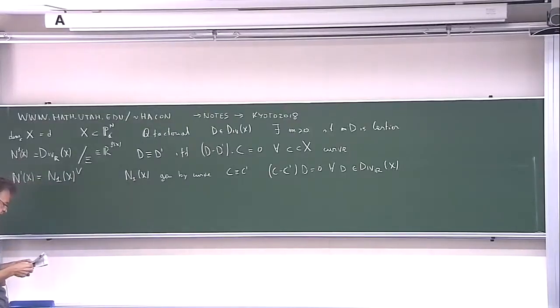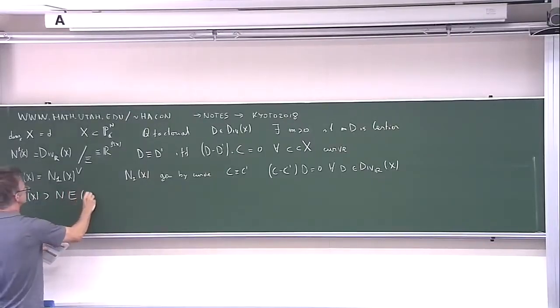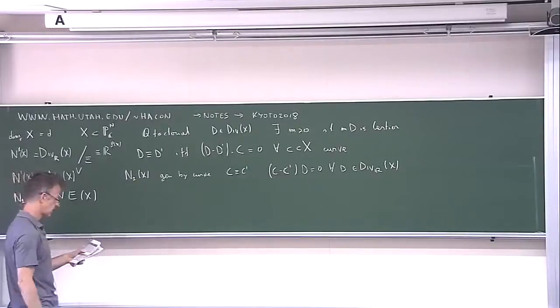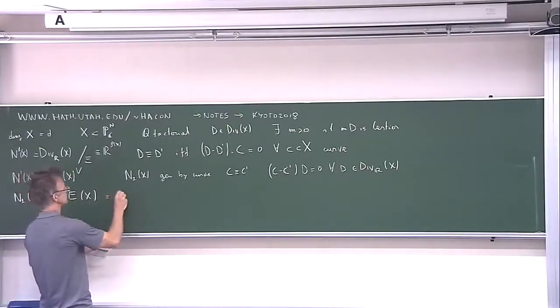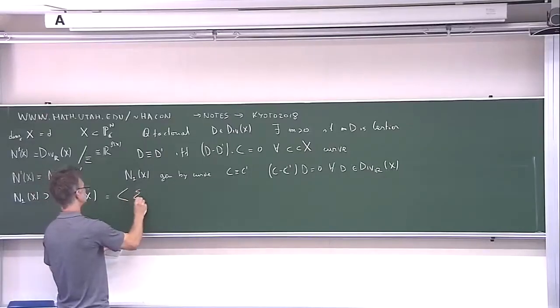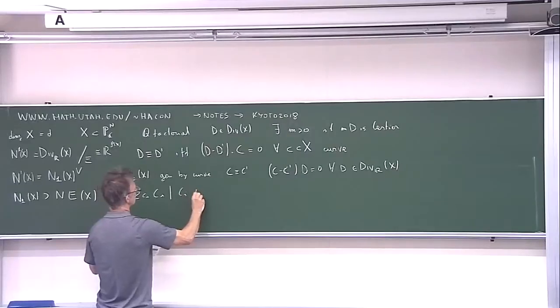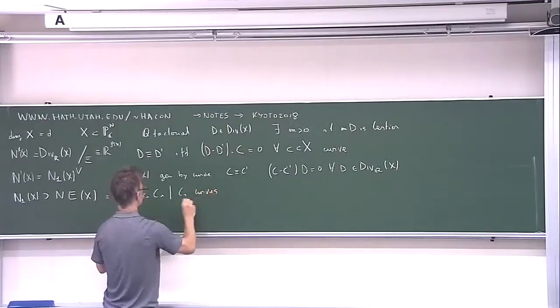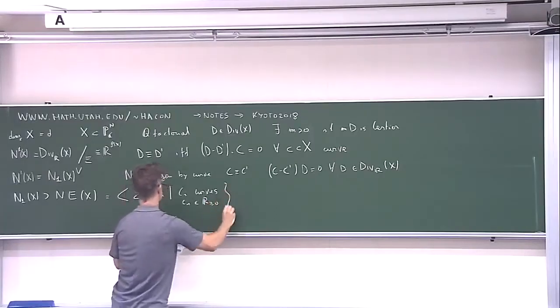Inside of N1 of X, I'm going to consider the cone NE of X. This is the cone generated by linear combinations of effective curve classes. Let me write it this way: sum of a_i C_i, where C_i are honest curves, and a_i are non-negative real numbers.